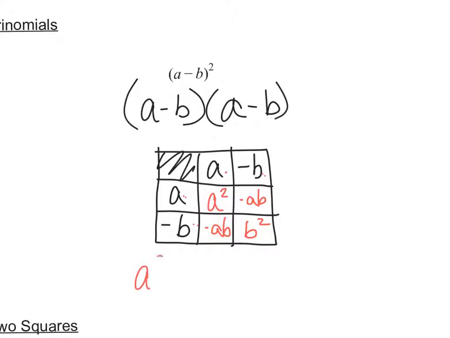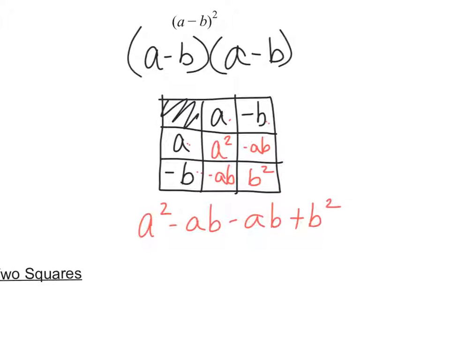So we've got a squared minus ab plus b squared. All right, so I have minus ab, that's going to be minus 2ab.